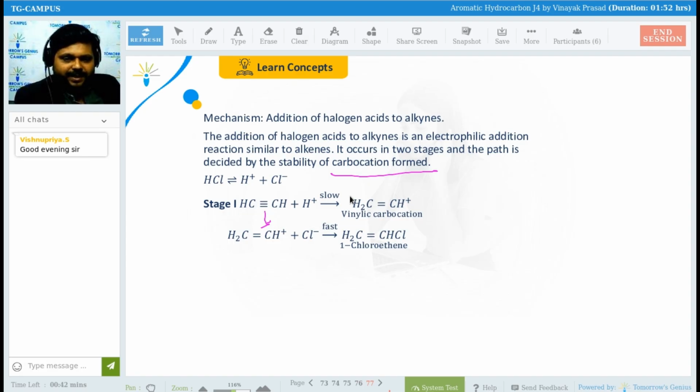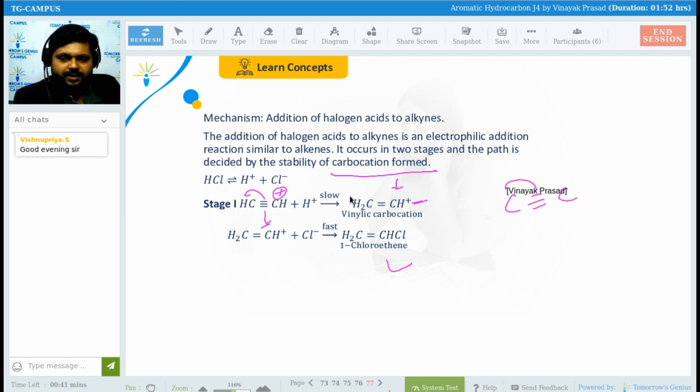So H plus and Cl minus. In the first stage, the double bond will shift towards this side, so a plus charge will be developed here. Cl minus will attack this side. So we'll be getting CH2 double bond CHCl. Getting my point?